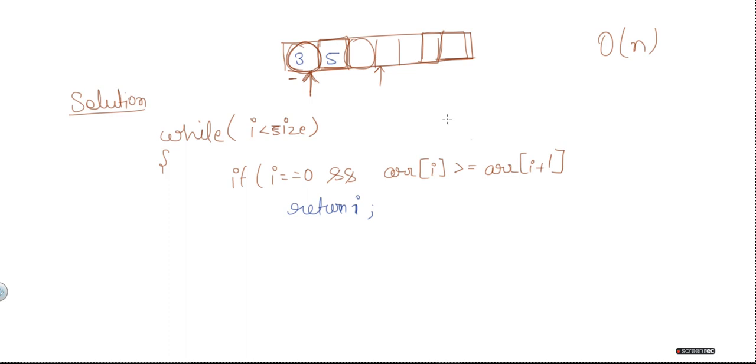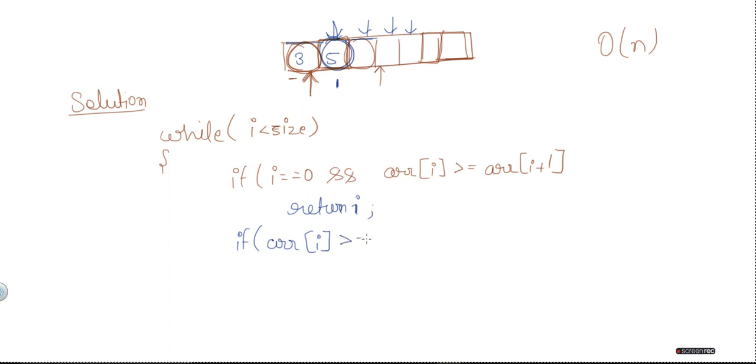Let's say here is 3 and here is 5, so this condition doesn't satisfy, right? So we need to move on and search all the other elements, all the middle elements. As we can clearly see, the middle elements will have two neighbors, right? So for now I will write that condition. Let's say we are here in this middle index 1.